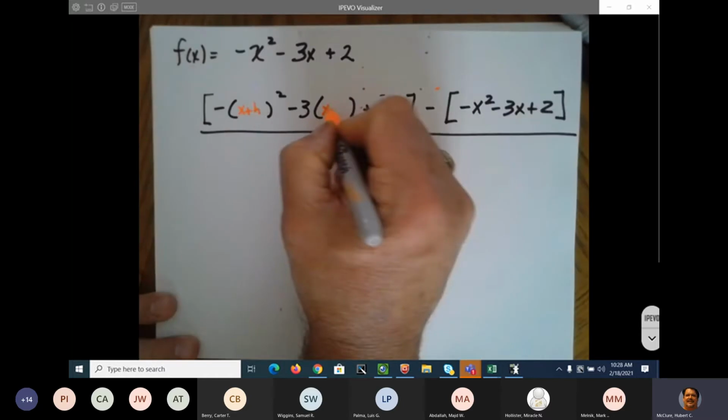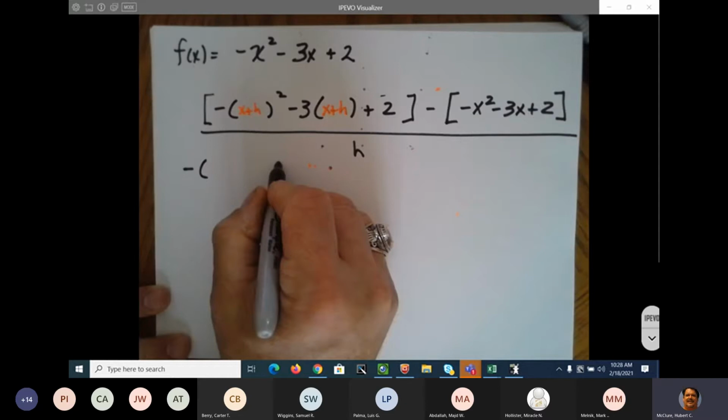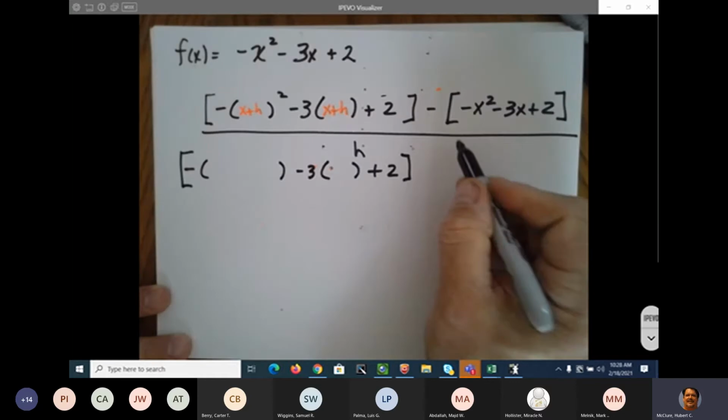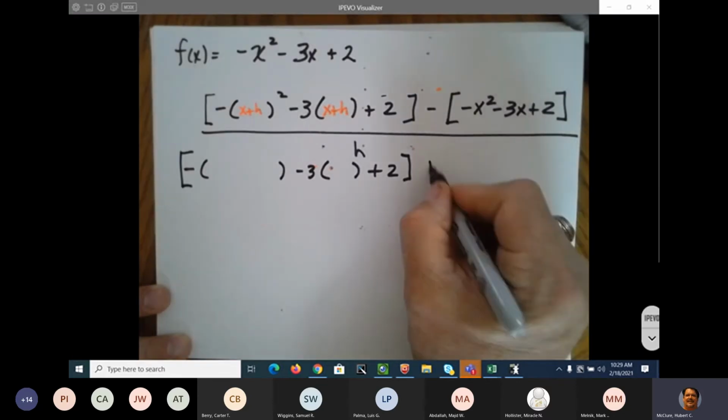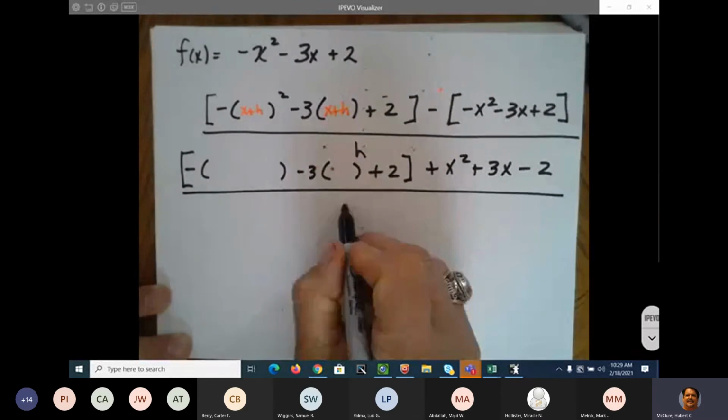And now I'm going to do my algebra right here in orange. I'm going to put my negative out front, minus 3 times x plus h plus 2. And I'm going to distribute my negative here. That's going to be plus x squared plus 3x minus 2, all over h.